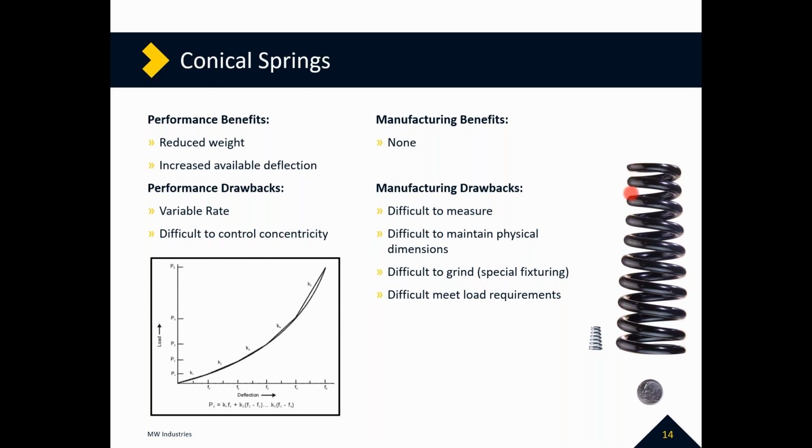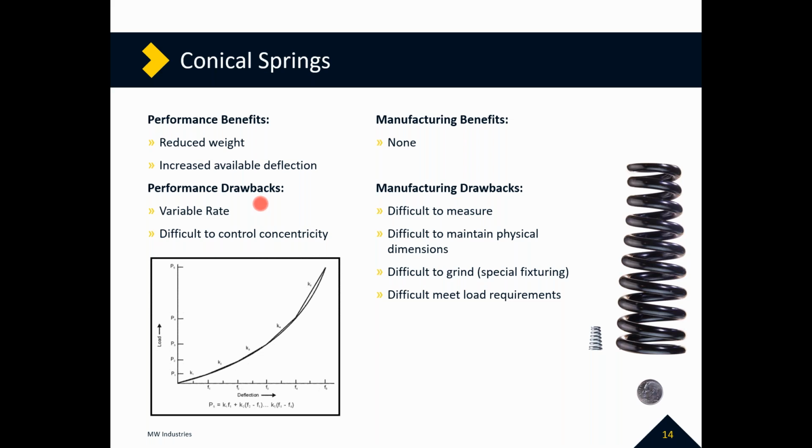This particular spring may not give you a coil into coil solid height. So when we say this, is you could manufacture this conical spring so each coil goes inside itself, and you could basically compress it flat to one coil and give you a solid height of one wire size. So it gives you definitely increased available deflection.